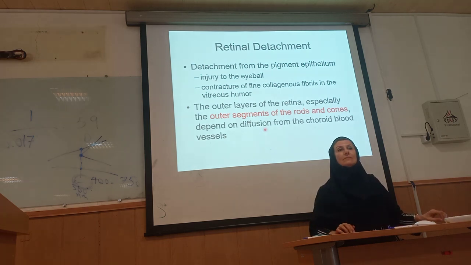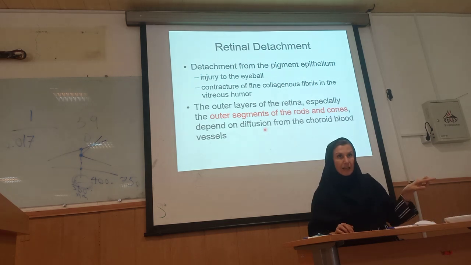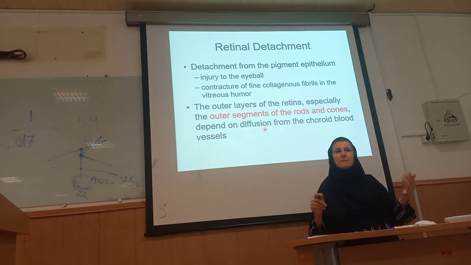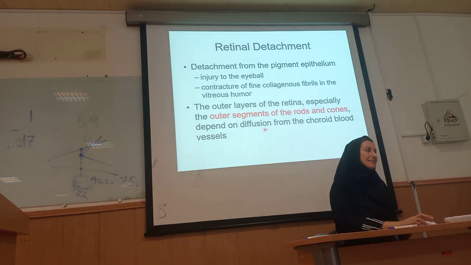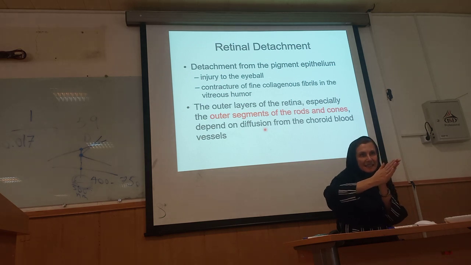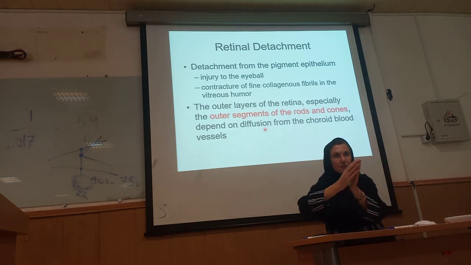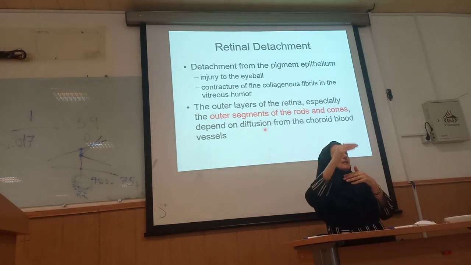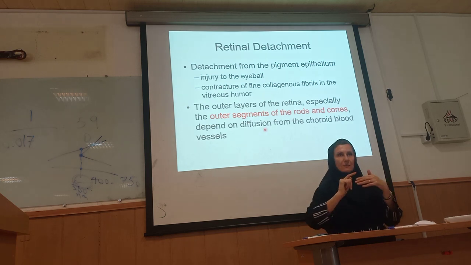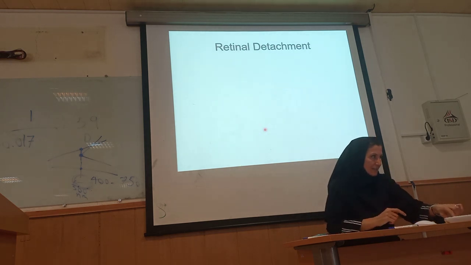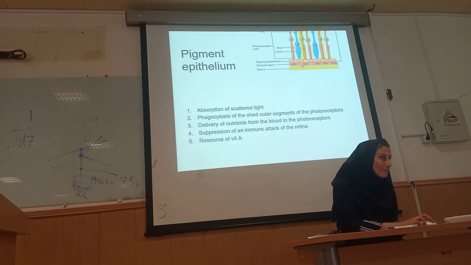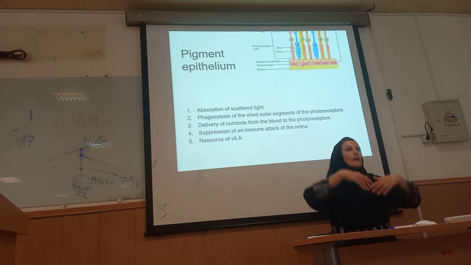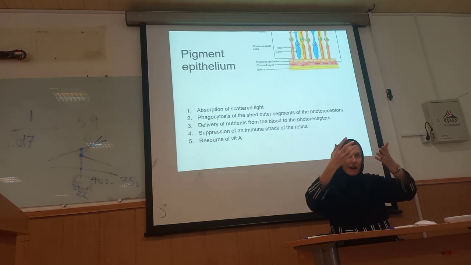Can you explain the second part? About what? The retinal detachment again. Retinal detachment sometimes happens. What is this? This is increasing distance of the retina, especially the photoreceptors and especially the outer segment, from the epithelium. Let me show you. From this part, the choroid layer, that is rich in vessels, rich in blood.